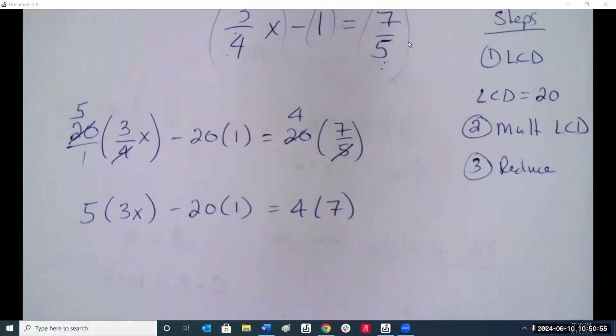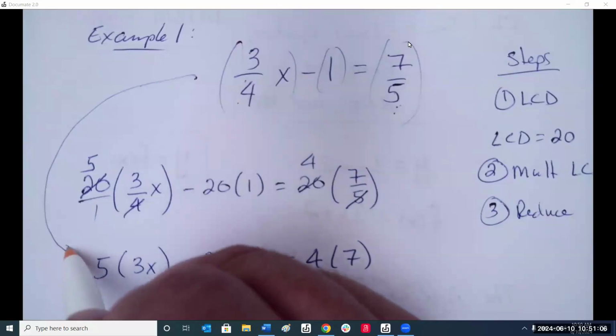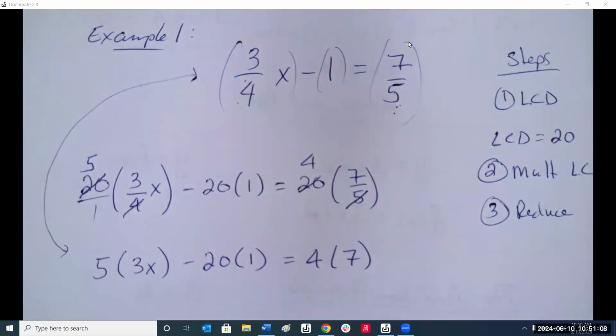That's what we have now. These two are exactly the same equation. It's just the bottom one looks a lot easier to deal with now, since we got rid of the fractions.